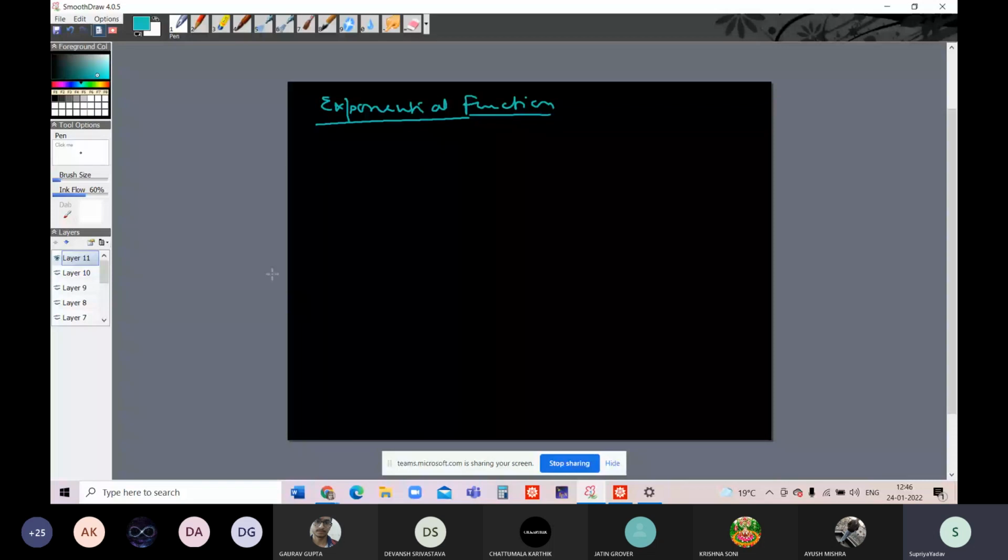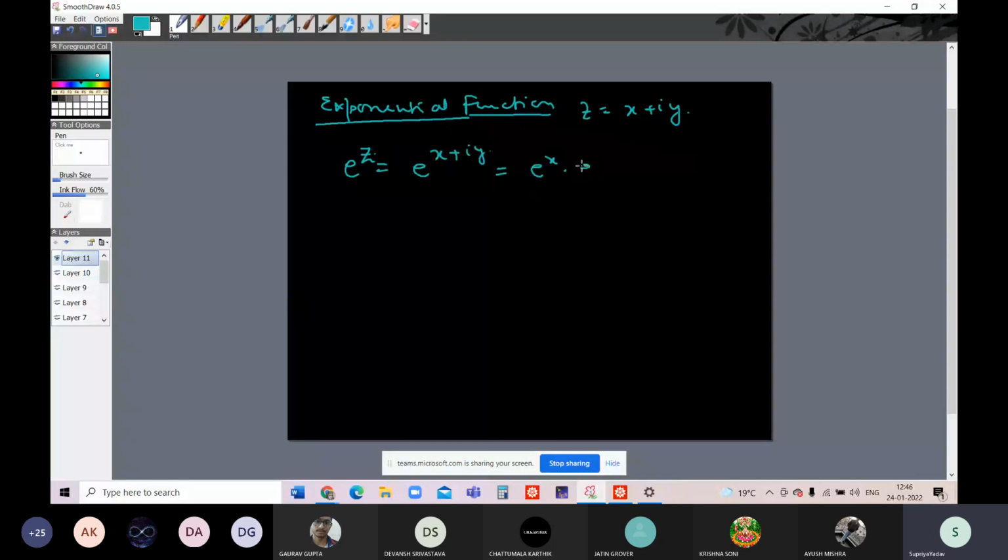The exponential function of a complex variable z, where z can be written as x plus iy, is defined as e to power z, which can also be written as e to power x plus iy, that is e to power x into e to power iy.